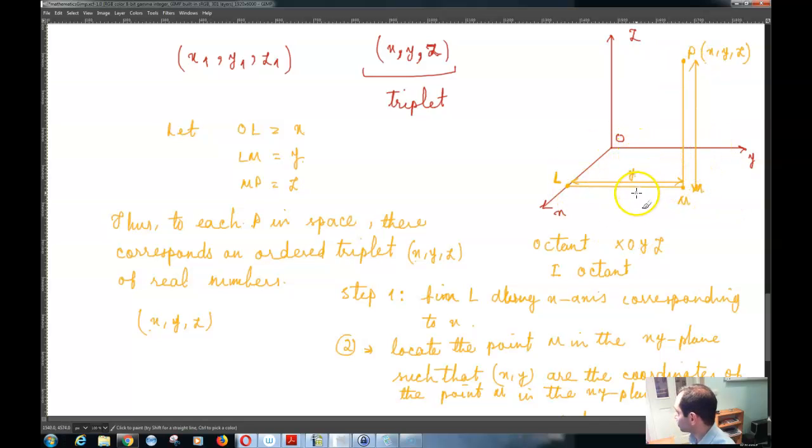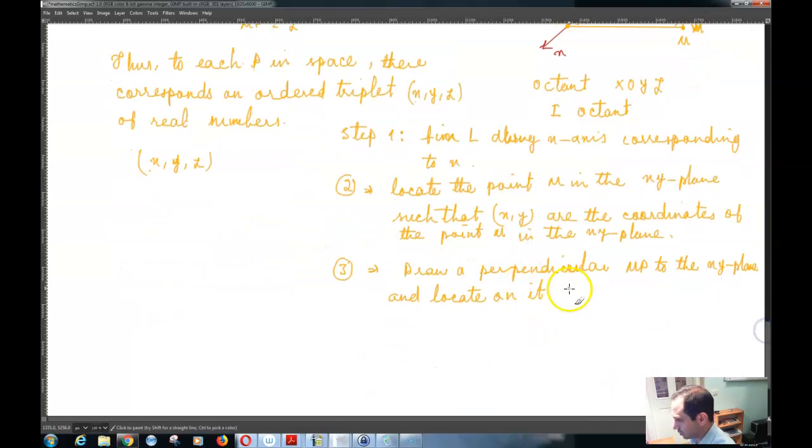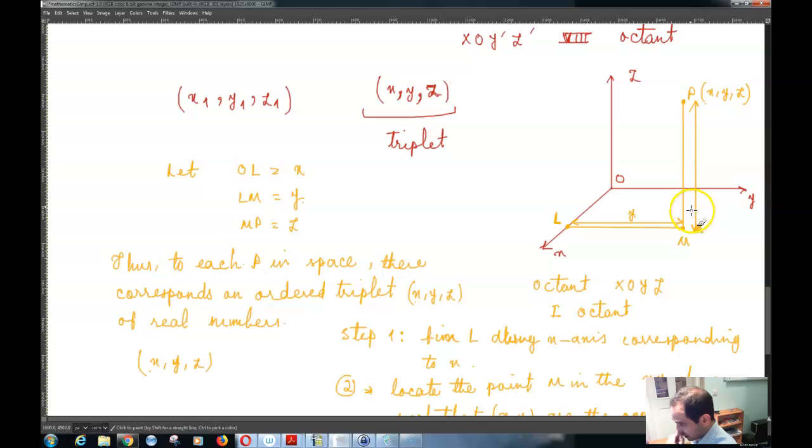And then locate on it the point P corresponding to Z, meaning the height of that point. So that's basically how you get to point P over here.